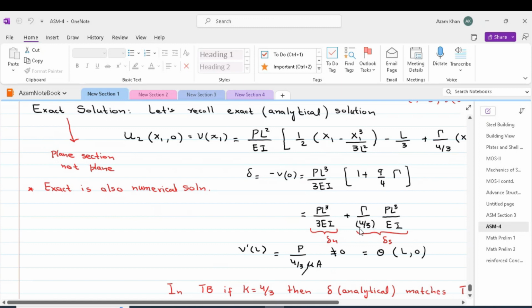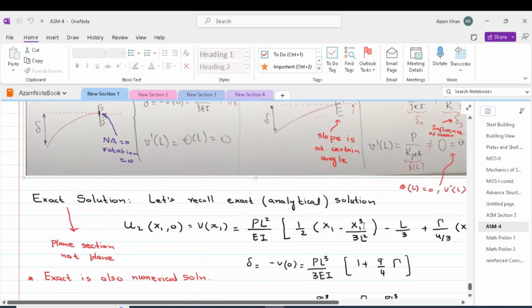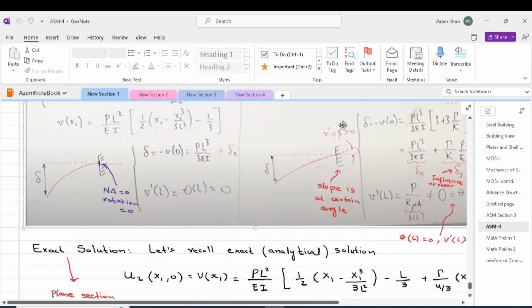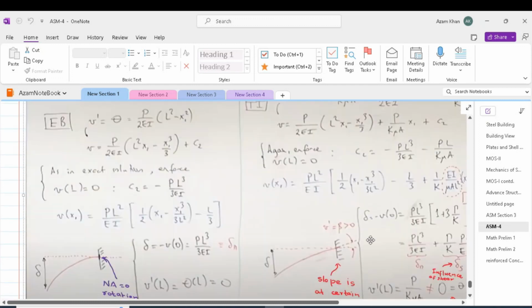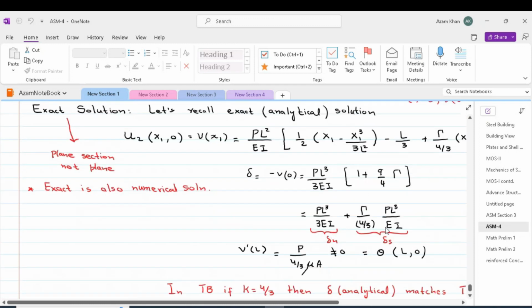And in here, we have 4 by 3. So if we put K equal to 4 by 3 in our Timoshenko beam, we will get exactly the same answer as given by the analytical solution or theory of elasticity. Similarly, we can find the slope of our exact solution at x1 equal to L, and we will get P over (4/3)μA, which is not equal to 0.